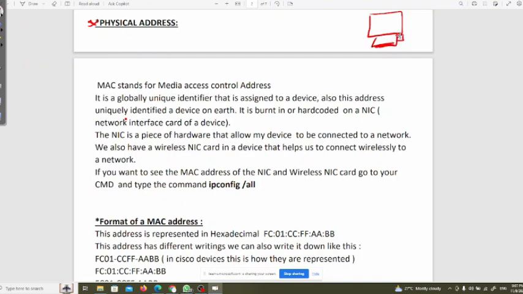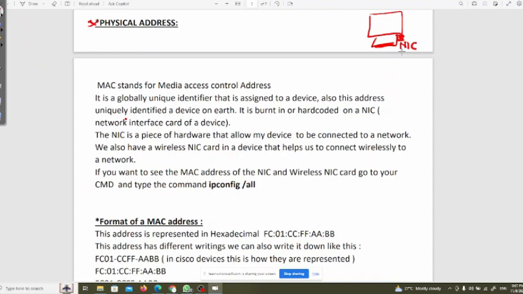That network interface card is the interface that gives the laptop or device the possibility to get access to a network. On the network interface card is where we will find a port that we call an RJ45 port.